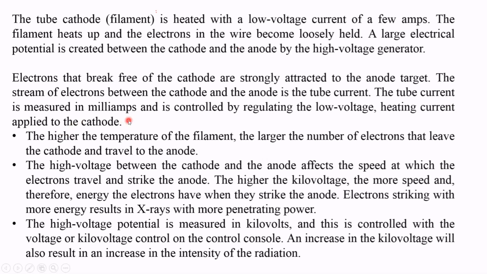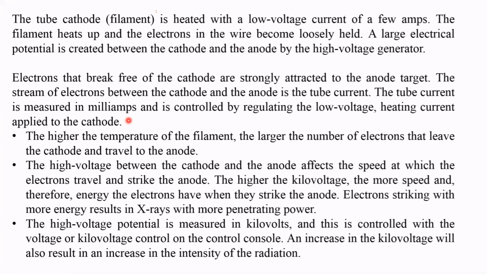Already I told you, a small battery is there. With the help of that battery, we can increase or decrease the temperature of the coil. If you increase the temperature of the filament, more electrons are emitted from the filament and more electrons hit the anode, which causes more X-rays with high intensity.